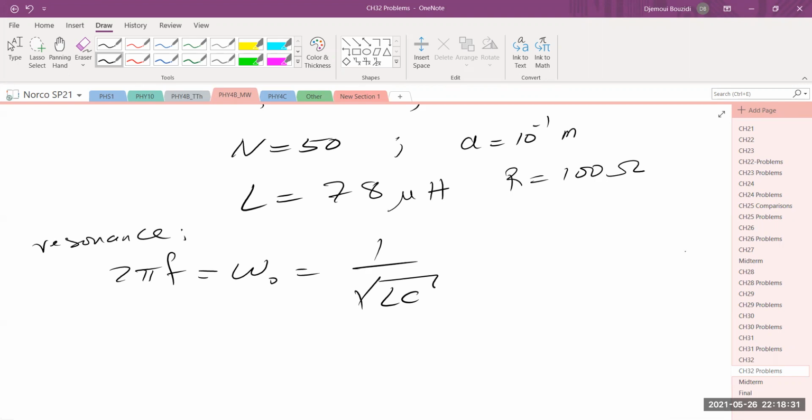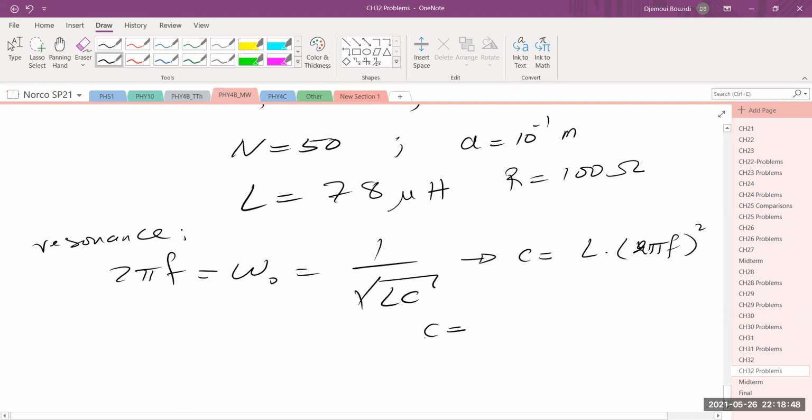So you want that. So in this case, it's going to give me C equals to L times 4 times 2 pi f squared. If I sub for all of them, I find the capacitance needed to be in sync with the signal. So in other words, imagine you're playing with the capacitance and adjusting the capacitance accordingly, which capacitance will give me resonance. And that's exactly how all tuning devices work.